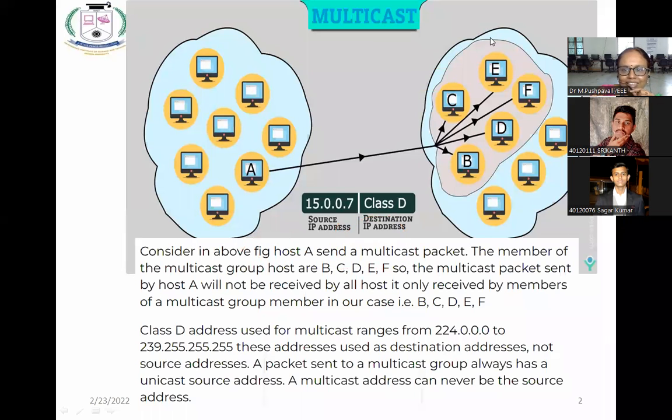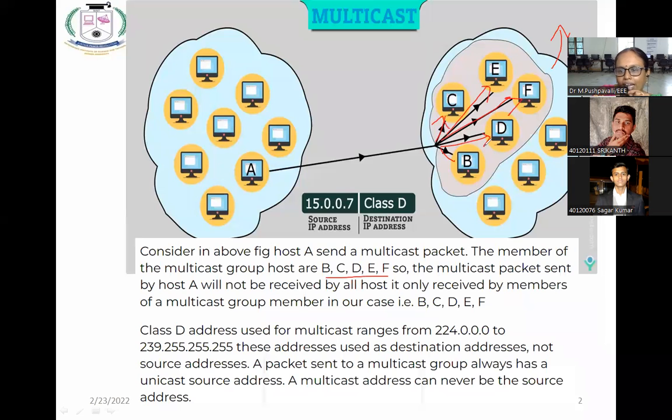And you all know this is multicasting. Consider the figure. A sends a multicast packet. The group nodes are B, C, D, E, F. When you see the entire network, I want to send only to this group of nodes. So here class D will automatically be used to send to the particular destination, and only B, C, D, E, and F will receive it.